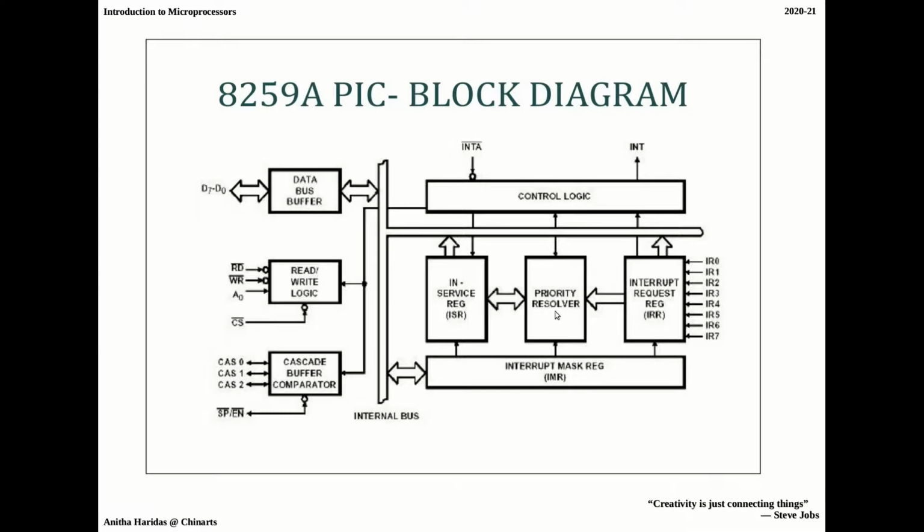Apart from that, we have one priority resolver also. All these components are connected through the internal bus of 8259A. Let us see what is the role of each and every digital component.